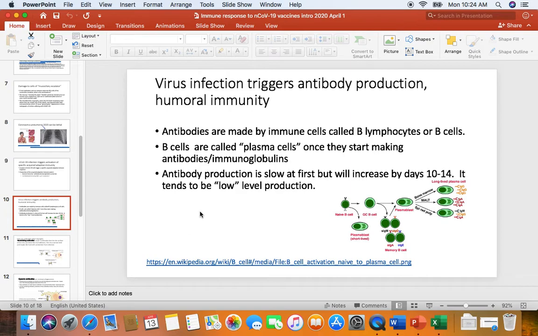The problem is, again, guys, the antibody production is slow. It's going to take 10 to 14 days before we get good levels of antibodies. Another disadvantage of this first time that we activate adaptive immunity, called the primary immune response: it's going to be slow. It's going to be low, meaning we're not going to make a lot of antibodies. It won't last that long.